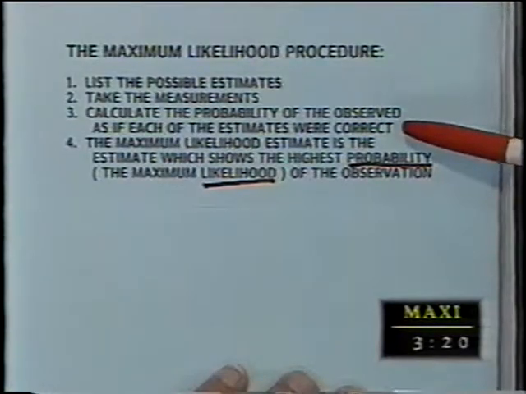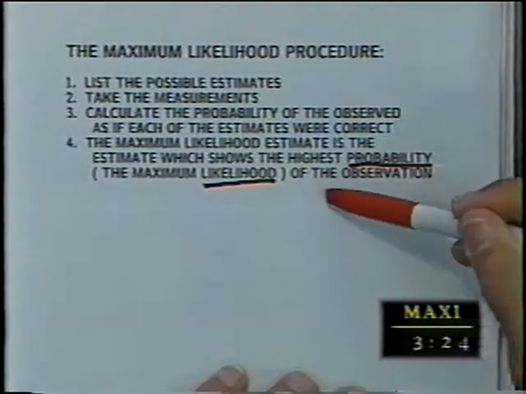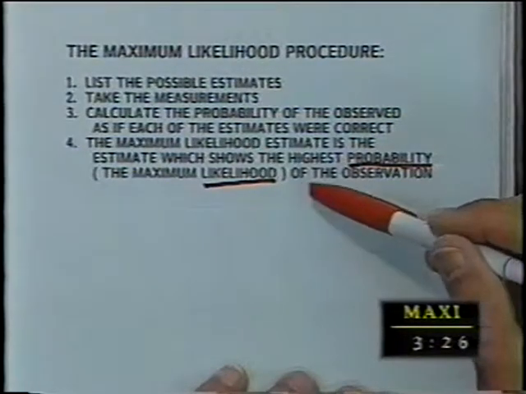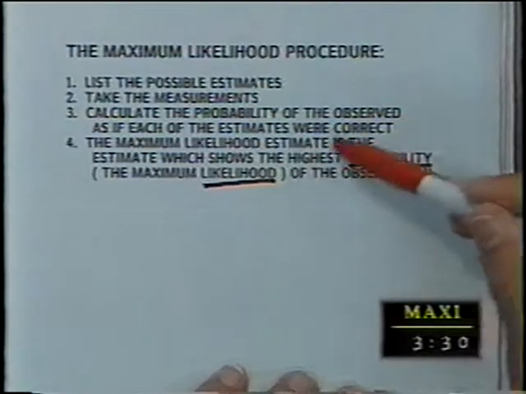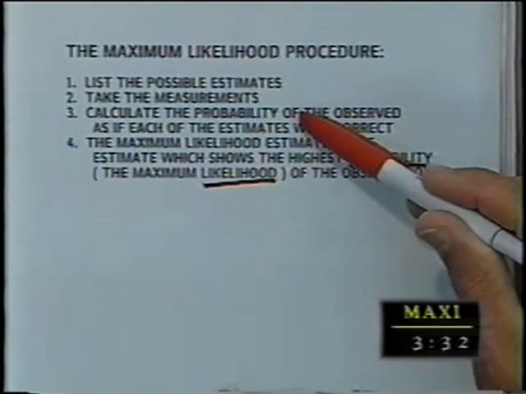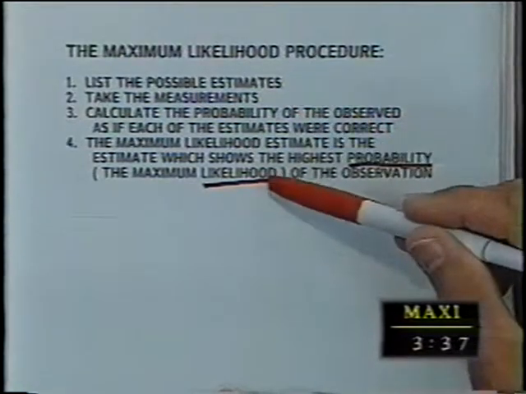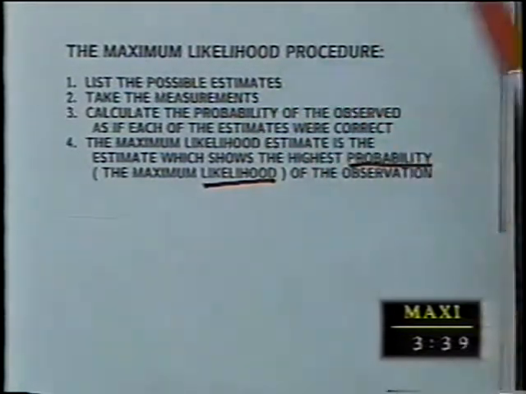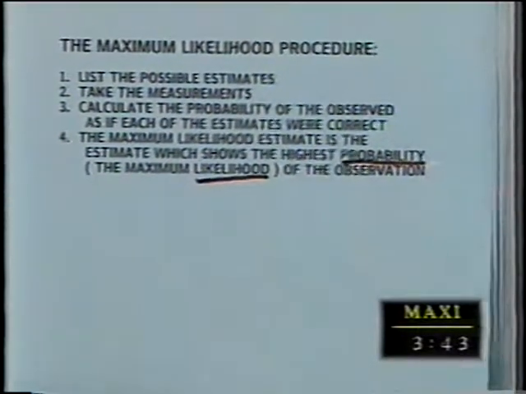If it's a 10-inch book, it's not very likely to have 9.1 or 8.9 as the measurements, actually much less likely. And therefore, the 9-inch book is the maximum likelihood estimate because the likelihood of the data, assuming 9 inches is true, is higher than the likelihood of the data assuming 10 inches were true. That's how the maximum likelihood estimate procedure works.